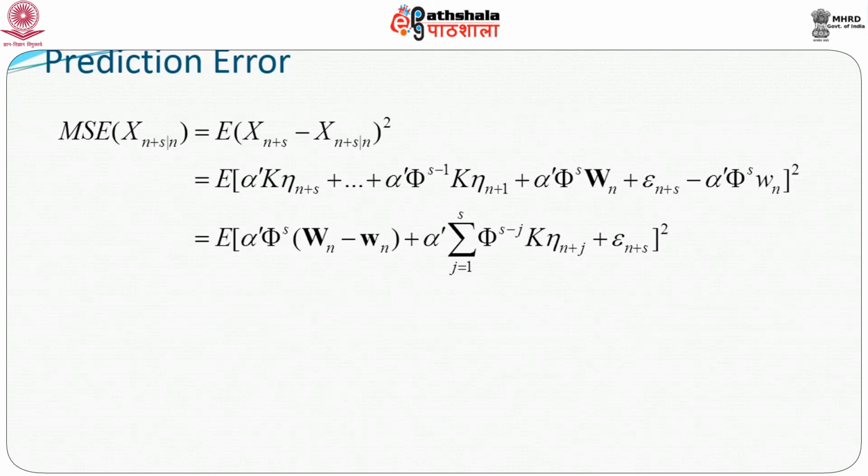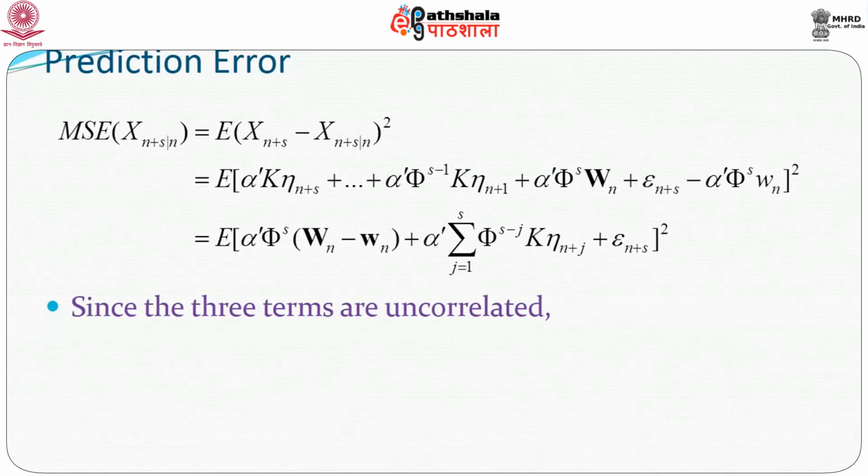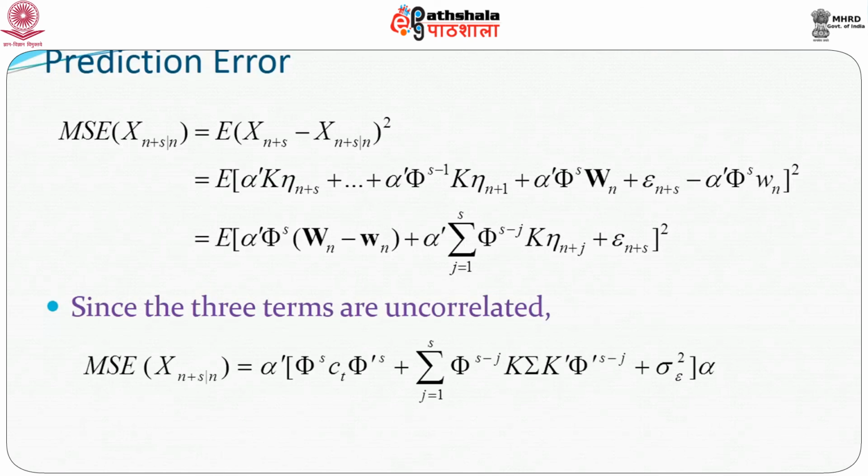And hence these three terms are independent of each other. So when you take the square of them and take the expectation, being uncorrelated, the cross product terms would be 0, and the MSE turns out to be simply an expression of this type. So that would be the prediction error for estimating x_{n+s}.